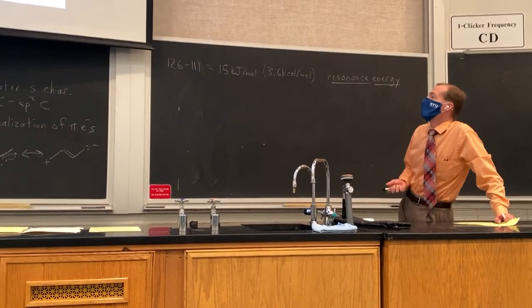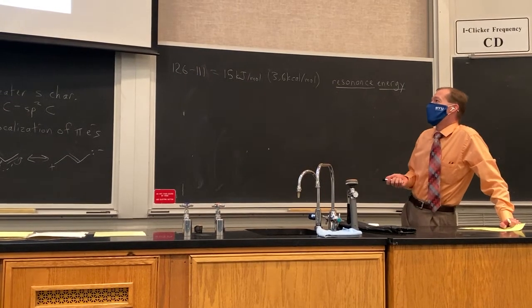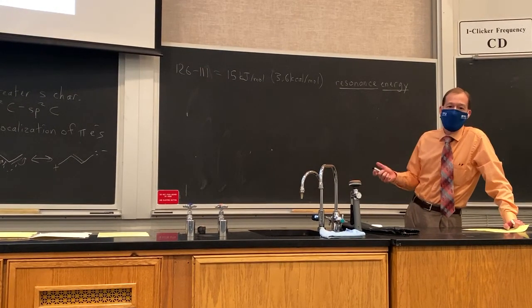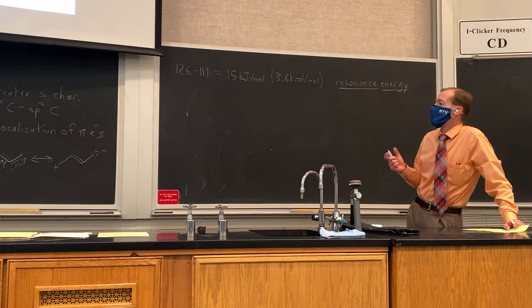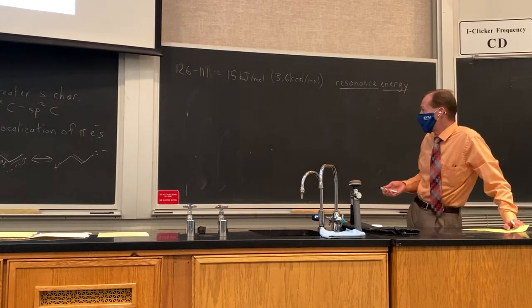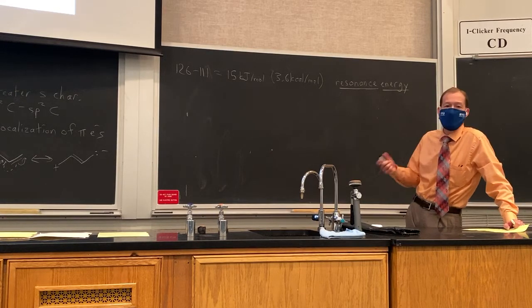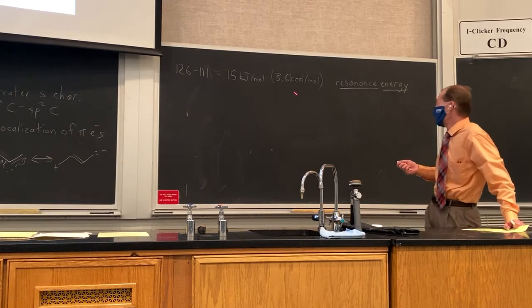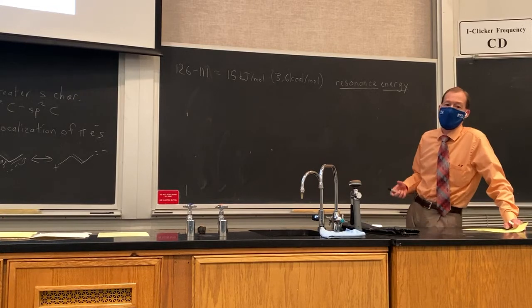Okay, so fortunately, because of heats of hydrogenation, we're actually able to measure the stability that is available due to conjugation. And we find that in a conjugated diene system, that value is 3.6 kcals per mole.